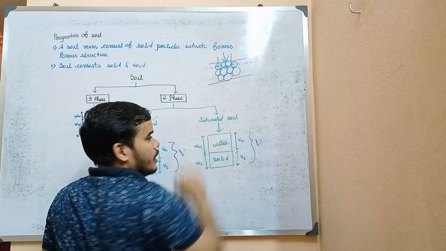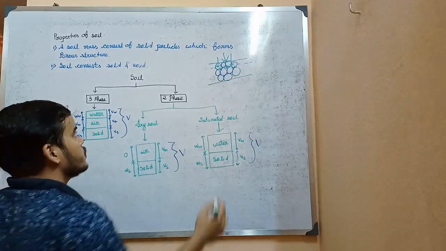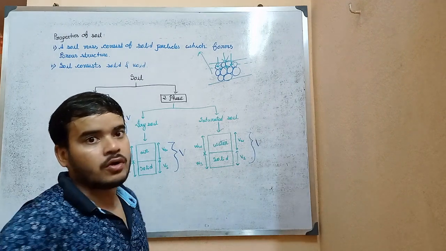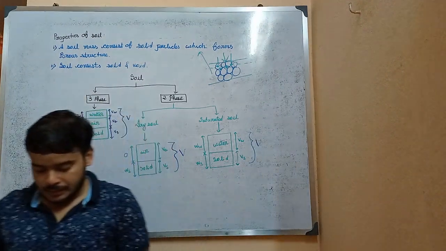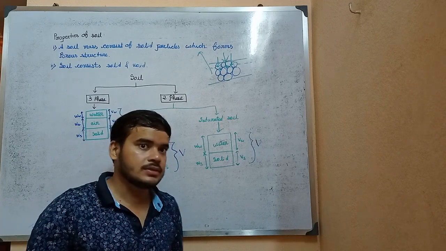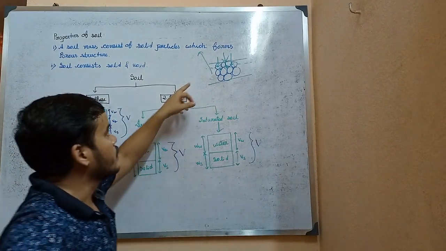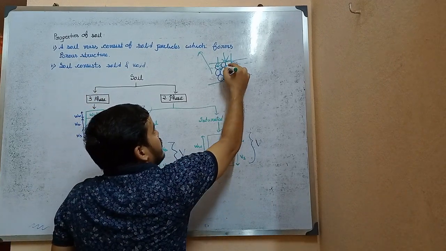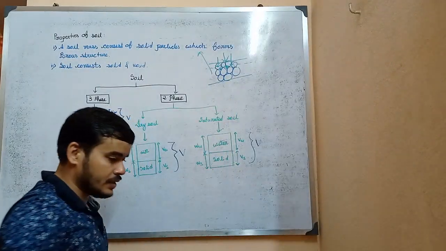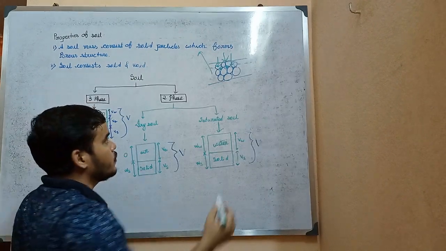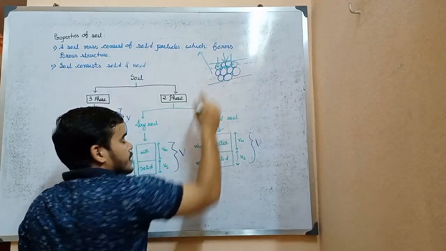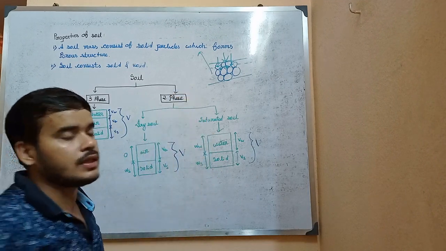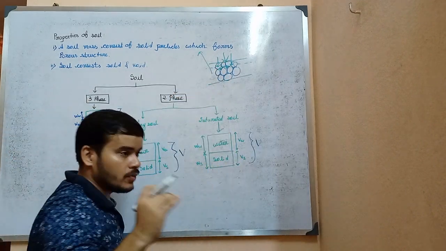So before we apply some load, when we build a structure on soil, we have to know its porous form, how many voids are in the soil. Because if there are many voids, we have to fill them by some techniques. If it is a dense soil, there is no need to fill the voids because the settlement will be less.